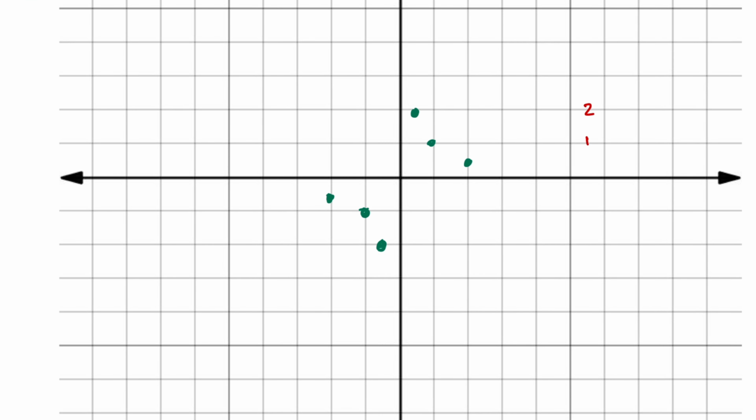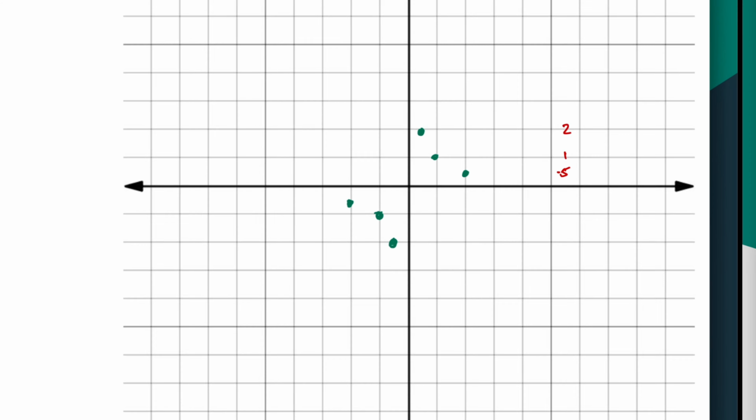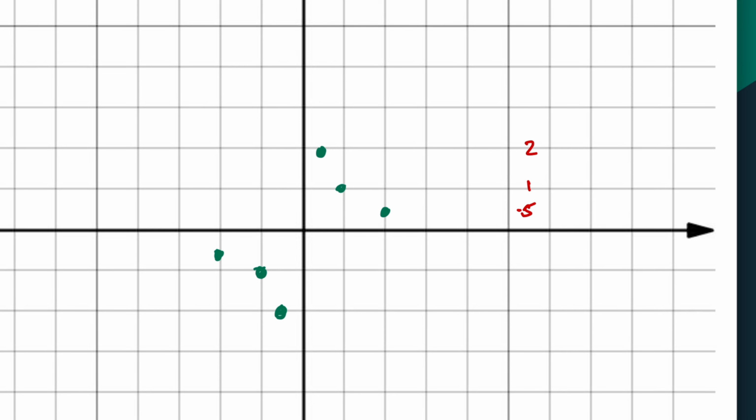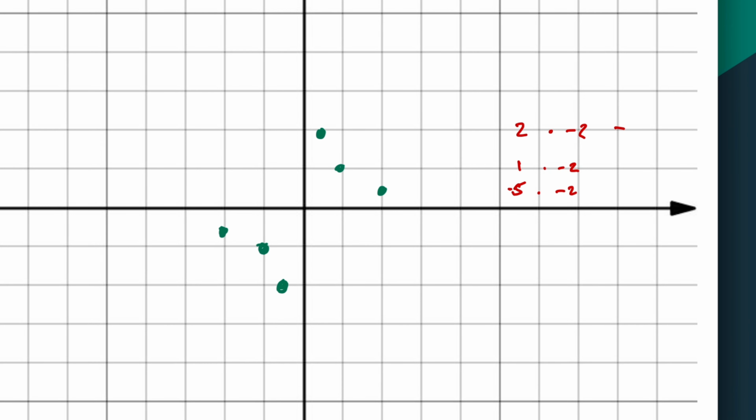So we have 2, 1, 0.5. Okay, and I'm going to multiply these by -2. So we get -4, -2, and then, sorry, that's a point, not a negative. We get -1. Wow, I'm all over the place.